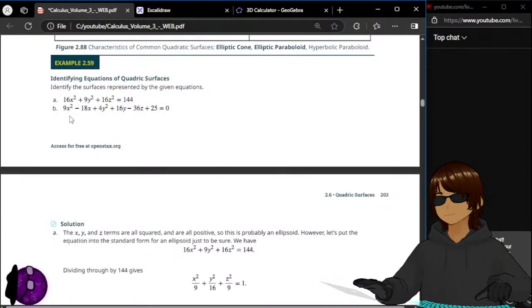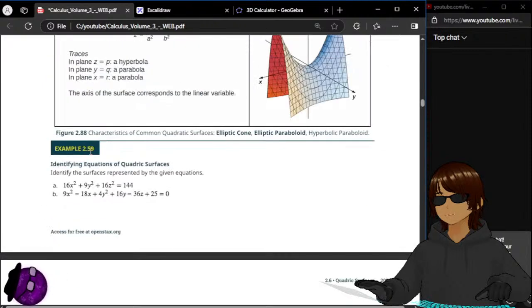Identify the surfaces represented. Let me think. If y is 0 and z is 0, you get a parabola in the... No, never mind.